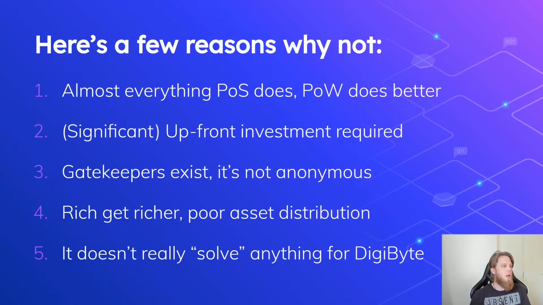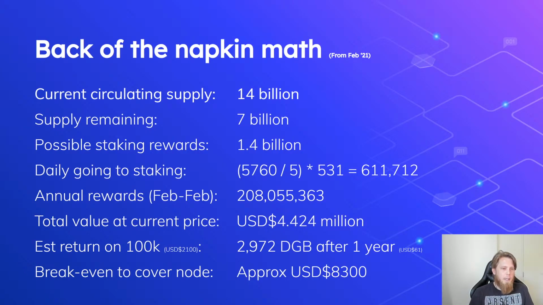So, to put this to bed, I've done some really rough math here. Let's work with a little bit of round numbers just to give you a little bit of an idea. There's currently 14 billion DigiByte in circulation out of our 21 billion. That means that there is 7 billion still left to be mined by 2035 over the next 14 years.